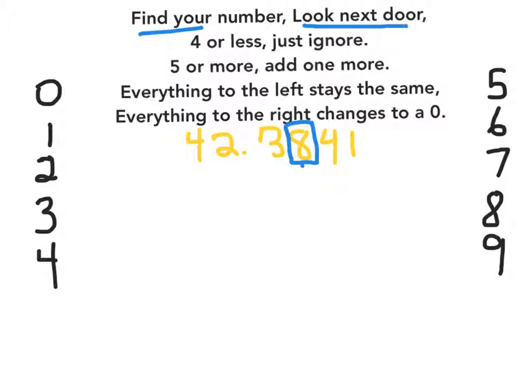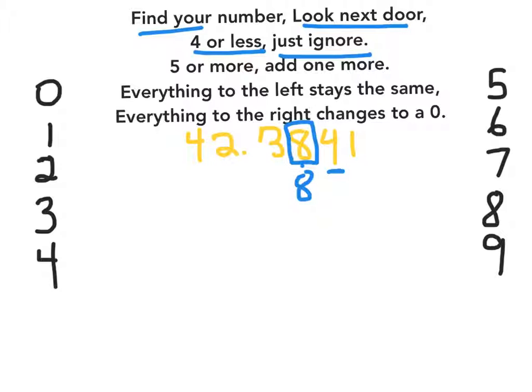And look next door, and we find that the 4 does in fact belong to the 4 or less group. So we just ignore the 8. It stays the same.